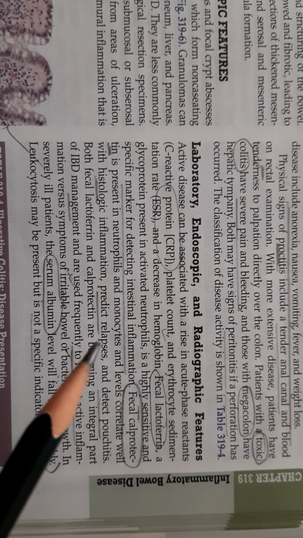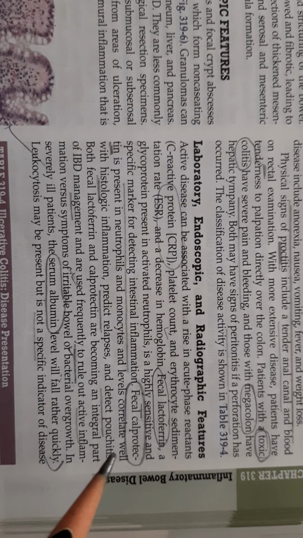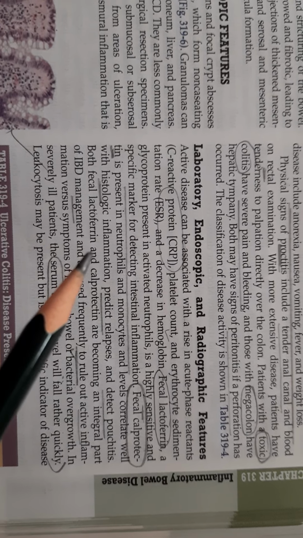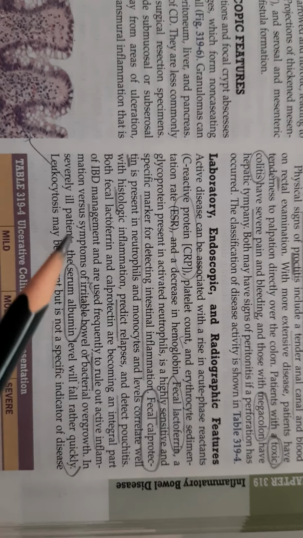This also predicts relapses, because this is a relapsing and remitting disease, and detects pouchitis. Both fecal lactoferrin and calprotectin are becoming an integral part of IBD management and are used frequently to rule out active inflammation. Meaning if there is active inflammation, you will find activated neutrophils in the stool, and so fecal lactoferrin and fecal calprotectin. So these are two potentially important questions in the new edition.